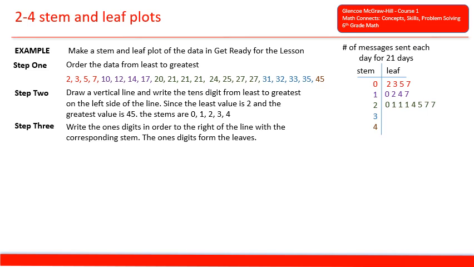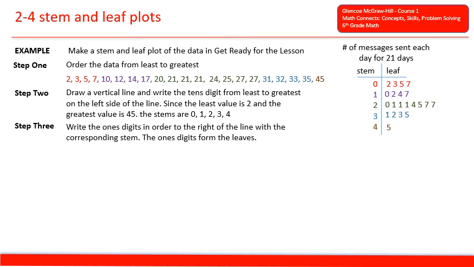is 17. And then for the 20s, we have all these. 2 and 0 is 20, 2 and 1 is 21. And then we have another 21, another 21, a 24, a 25, a 27, and a 27. Now we have a stem of 3 and leaves of 1, 2, 3, 5, equivalent to 31, 32, 33, and 35.